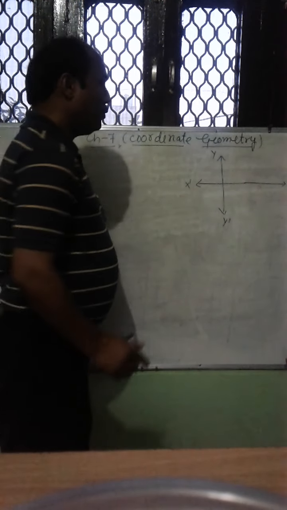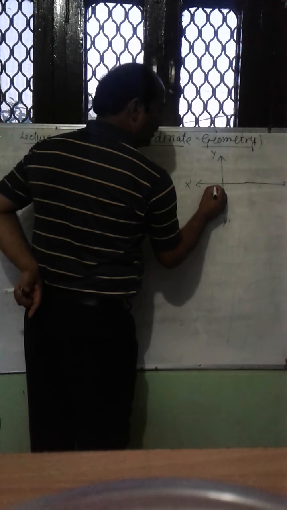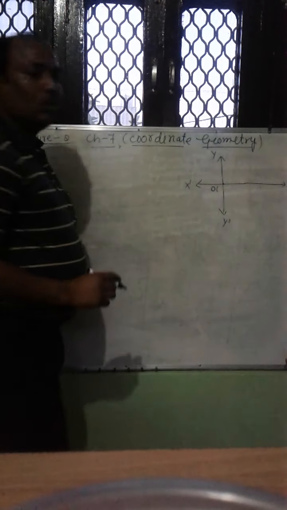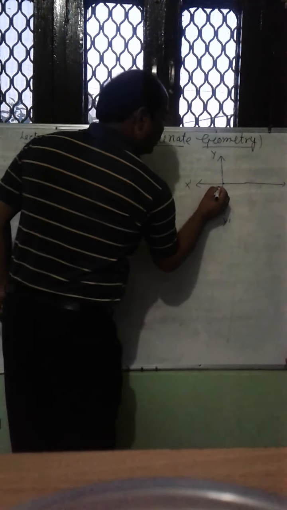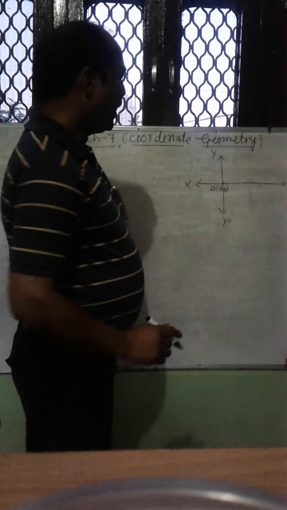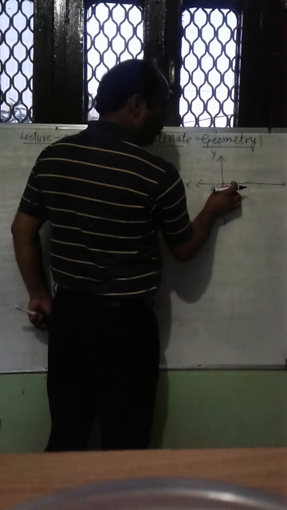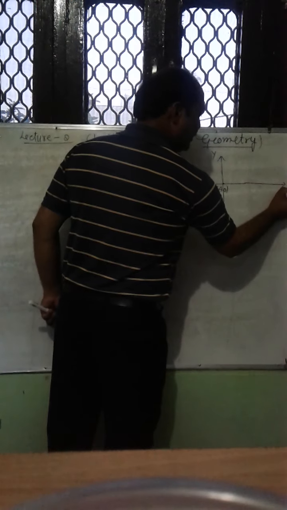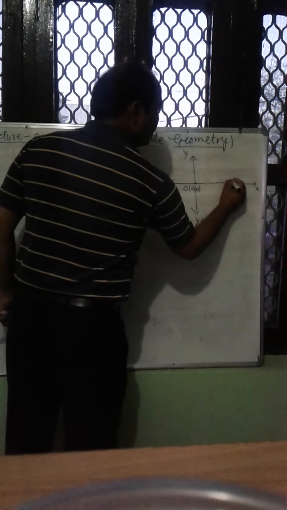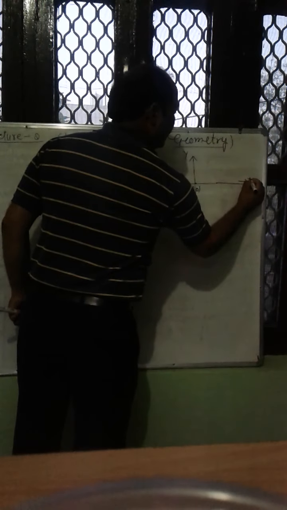Where the x-axis and y-axis intersect, this point is known as O, and its coordinates are 0, 0. This is called the origin. If we walk in the x-axis direction, we take the positive sign.